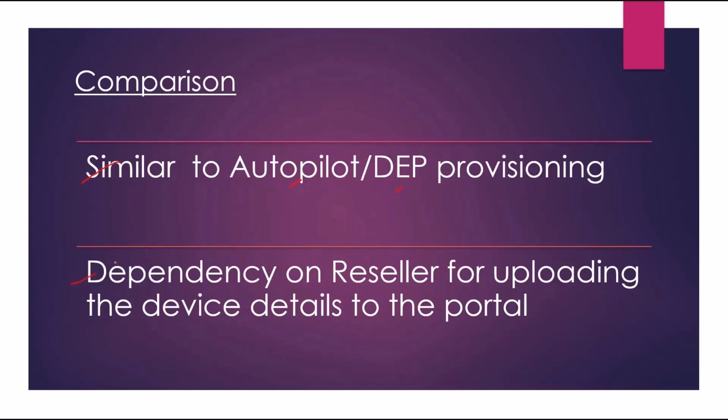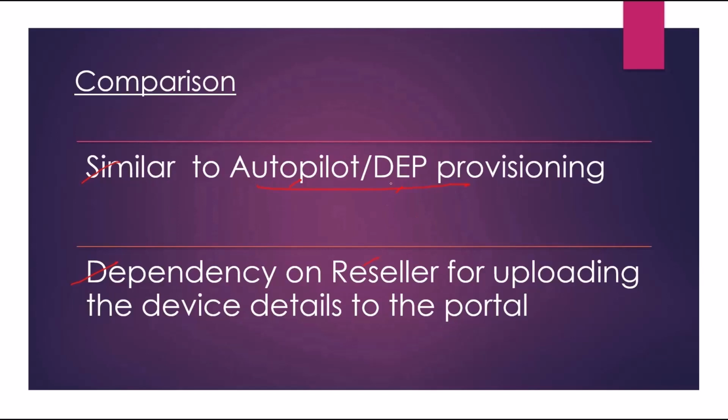However, later on we will see that in the case of Google ZTE, the serial number of the devices which we want to manage or supervise out of the box can only be uploaded to the portal by the reseller or the partner. So as a customer IT admin, I cannot upload the serial number or IMEI number of the devices to the portal. This can only be done by the reseller or by the partner. This is the only difference. Other than that, pretty much everything else remains the same between these two methods and this one.